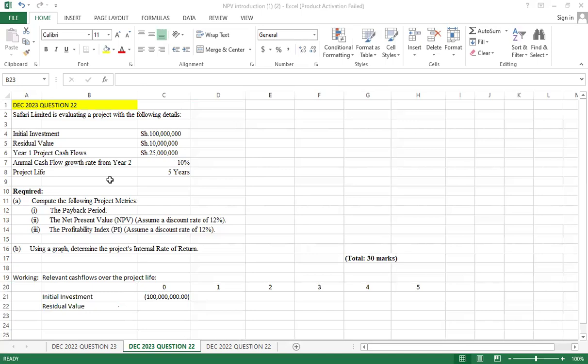Yeah, Abdi says that salvage value. The other name for it is salvage value. Elsewhere, you'll find it called the salvage value. But what is it?